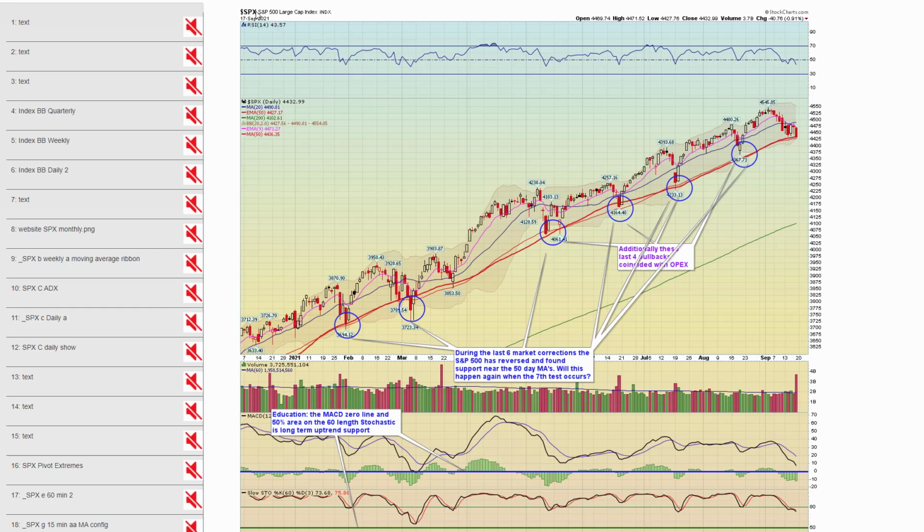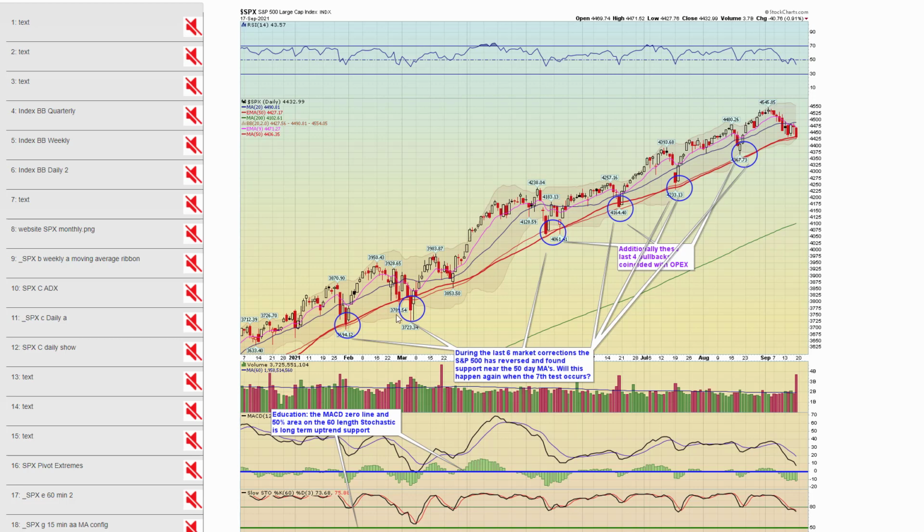So here's a simple daily chart of the S&P, and the moving averages in red here are the 50 simple and exponential moving averages. You can see all year in 2021, all the corrections have basically pulled into the 50-day moving averages.